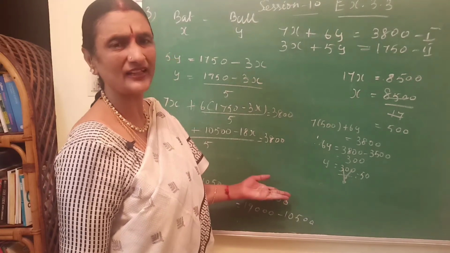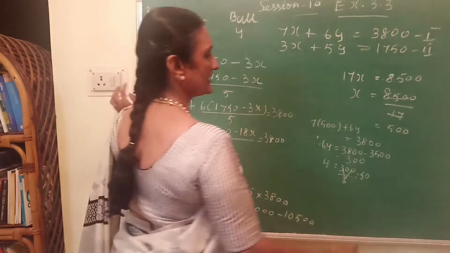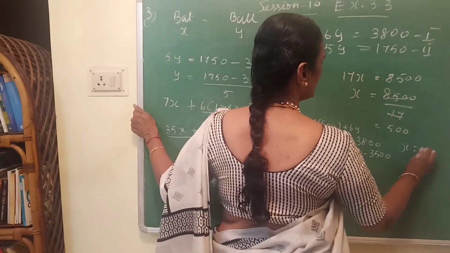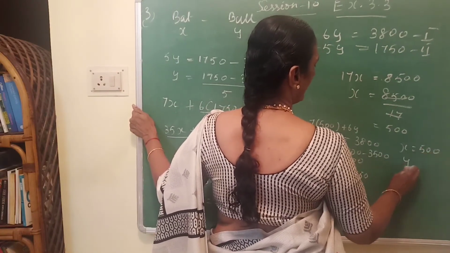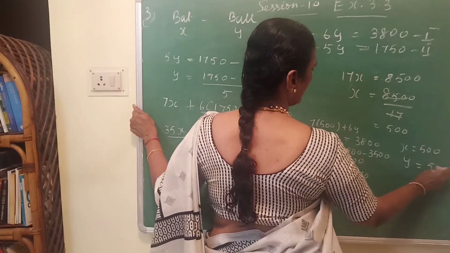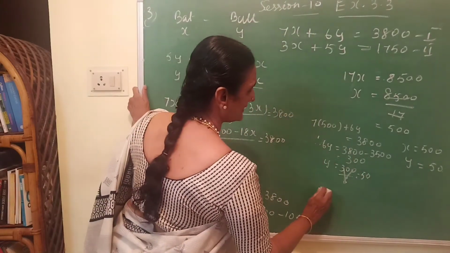So you cannot leave the answer as it is. So here I write the value, x is equal to 500, y is equal to 50, and now the answer statement.